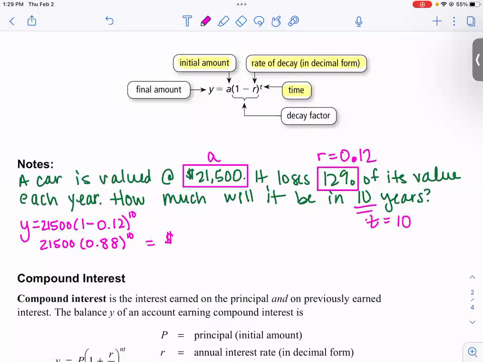We're talking about money. We have 3,481.26. Is that what you get? 0.88 to the 10th power, and then take that number and multiply it by 21,500.